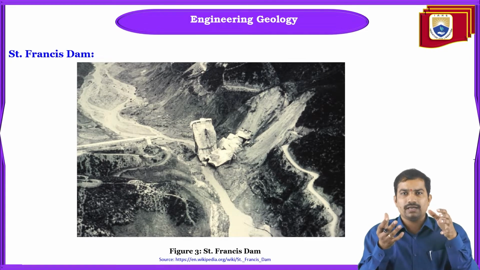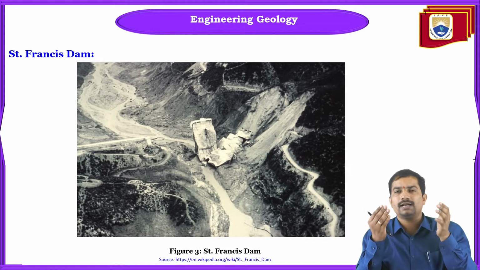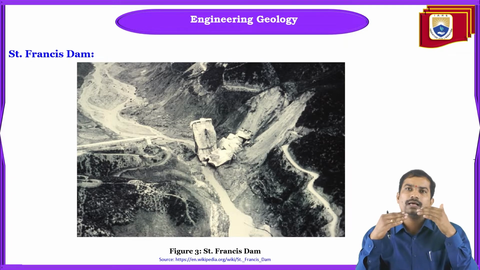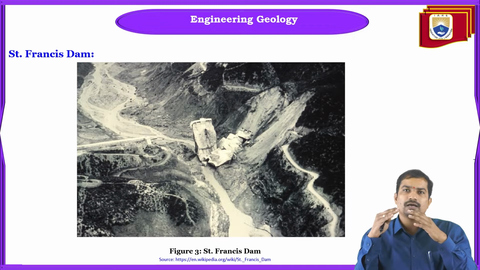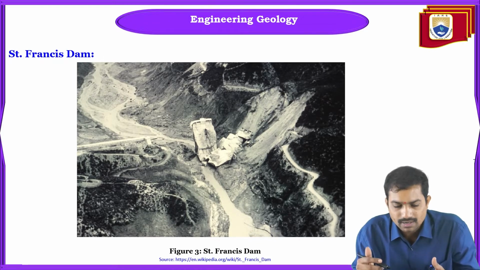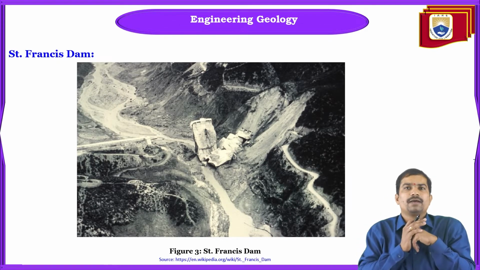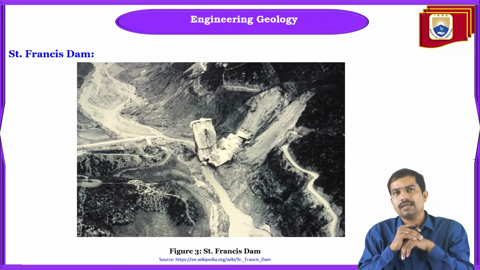Hence, even after the engineers checked and said it was safe, once the water level reached its full flood level, the entire flooding happened and the dam failed. These are a few classical examples, and there are many more.